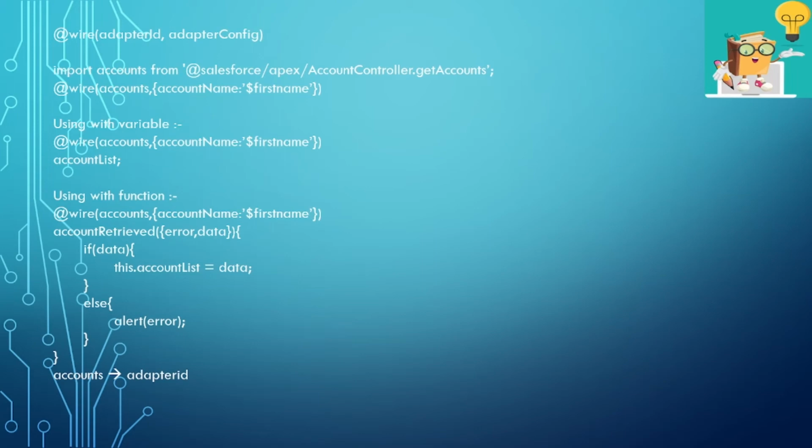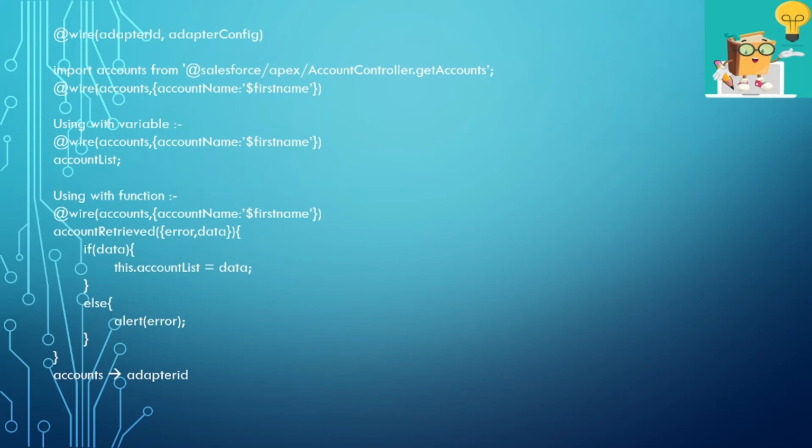Now, the second parameter is the adapter configuration. In curly braces, we have given the input which we are passing to the getAccounts function. In my case, it's an account name, a string type parameter, and I'm assigning it a value with $firstName. What does the dollar do?